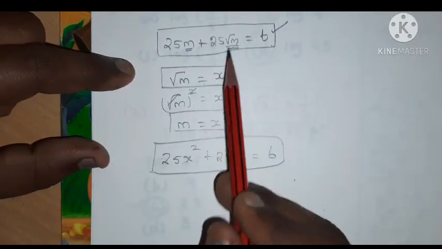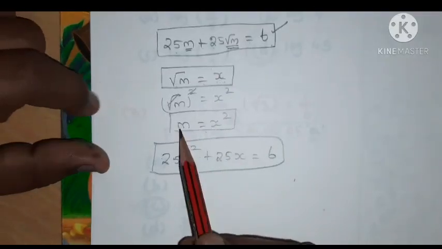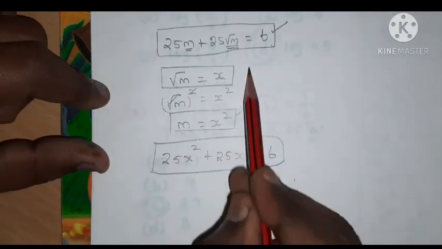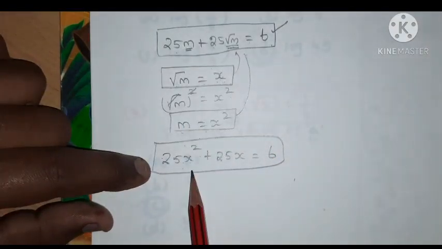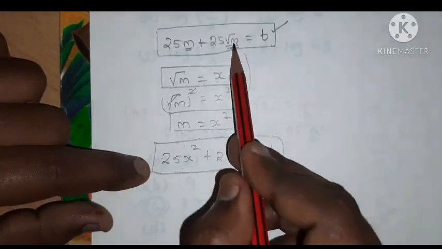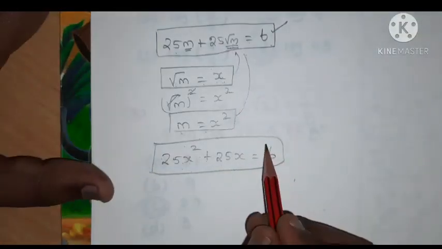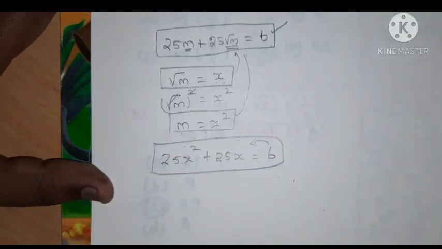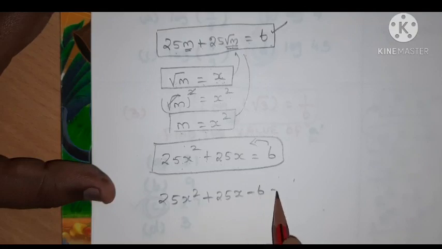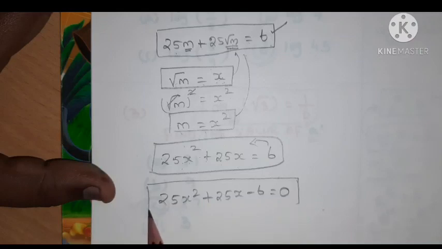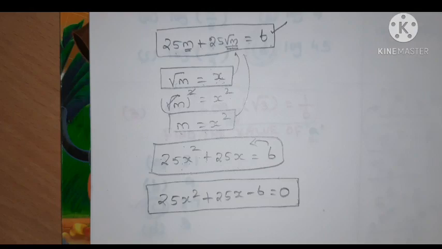I'm assuming root m is x, so m is x squared, and I'm substituting these two values: 25x squared in place of m, plus 25x in place of root m, which is equal to 6. I'm again bringing this 6 to the left hand side. So 25x squared plus 25x minus 6 is equal to 0. Exactly, we got the right expression to factorize. If we factorize, then we'll get the value.